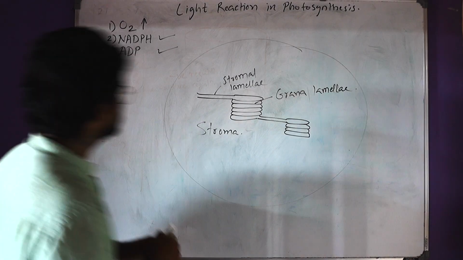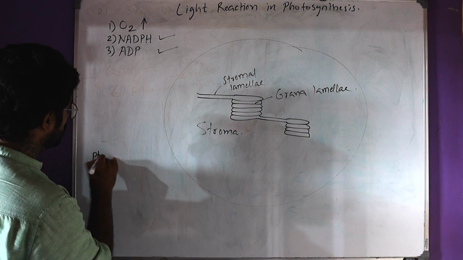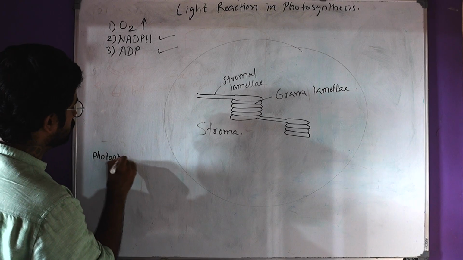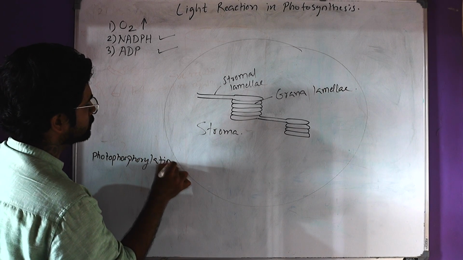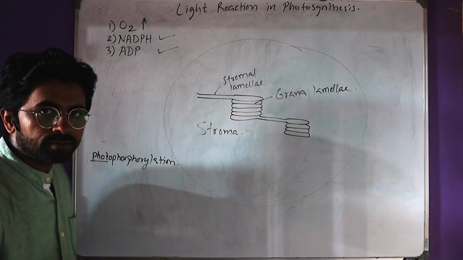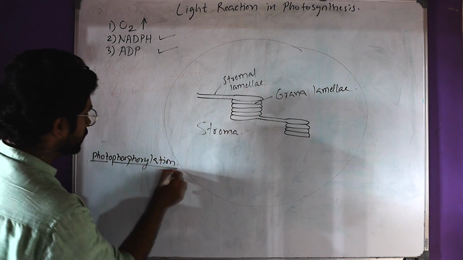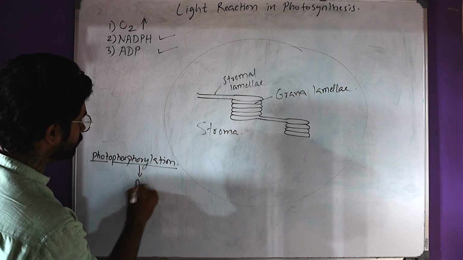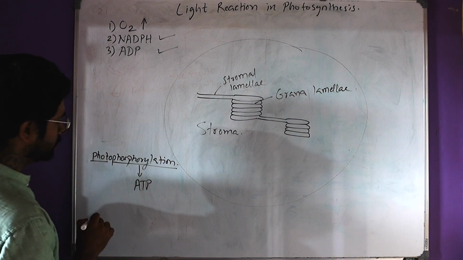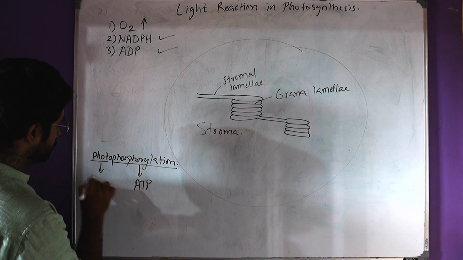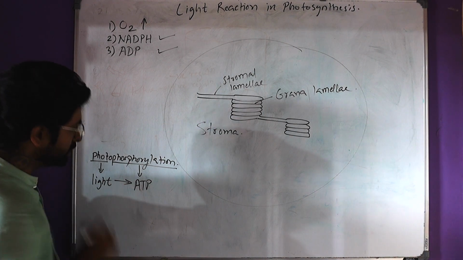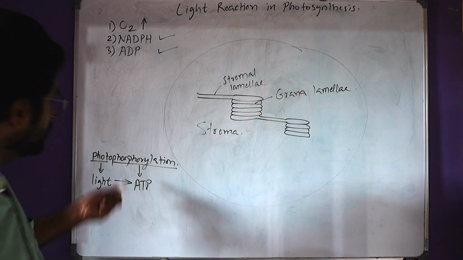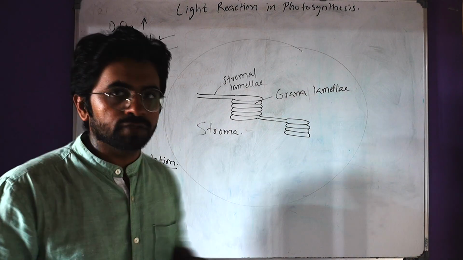Look at the word photophosphorylation. Photo means light, phosphorylation means formation of ATP. Okay, so in presence of light, when ATP is formed, we call it photophosphorylation.